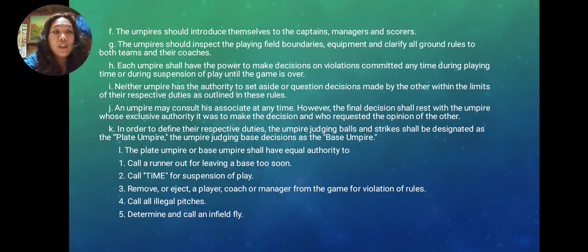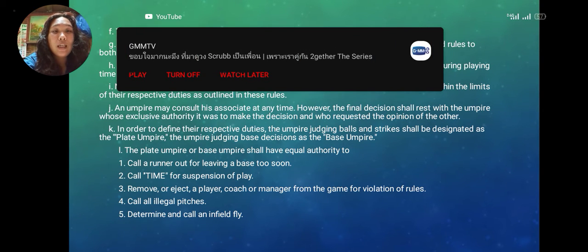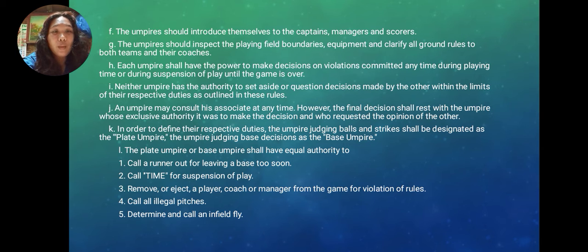However, the final decision shall rest with the umpire whose exclusive authority it was to make the decision and who requested the opinion of the other. For letter K, in order to define their respective duties, the umpire judging balls and strikes shall be designated as the plate umpire, and the umpire judging base decisions as the base umpire.